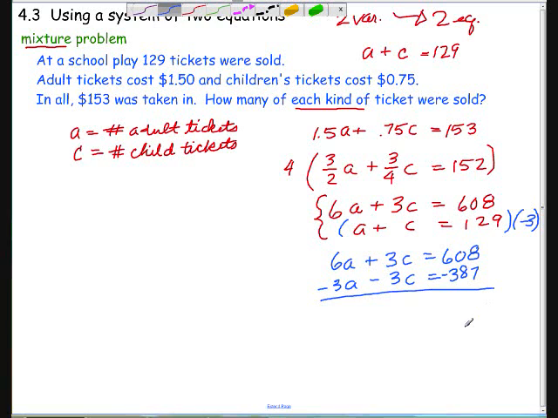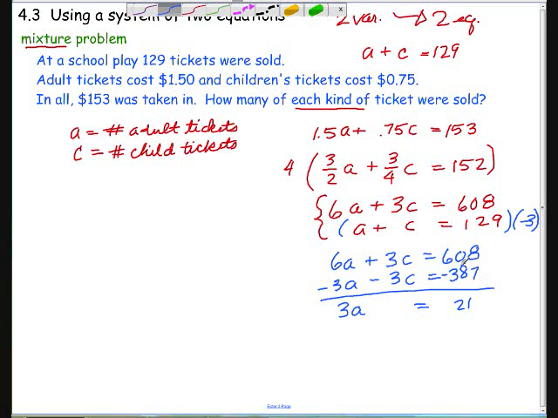I actually don't like arithmetic. I like the mathematics, you know, the problem solving. But addition and subtraction, ugh. Okay, 3a. This will be 0, exactly what we want. And this will become, I'm subtracting 387 from 608.